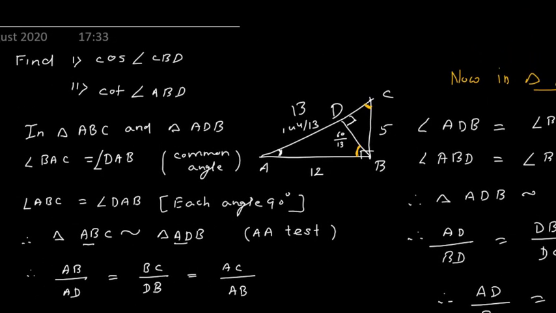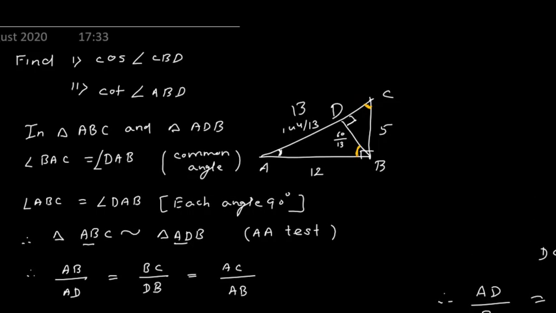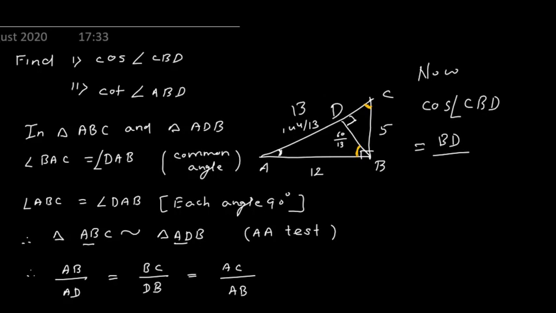We have to find cos of angle CBD. Okay, so let me make some space here. We will rub this thing. And we will find the value of cos. So cos of angle CBD. Now cos is adjacent upon hypotenuse, which is BD upon BC.